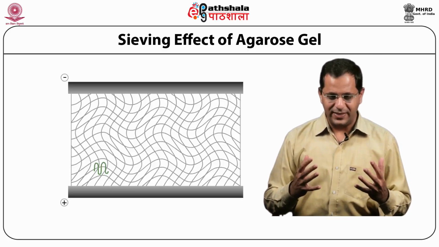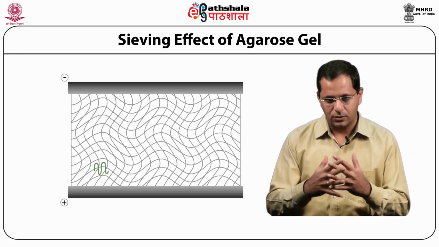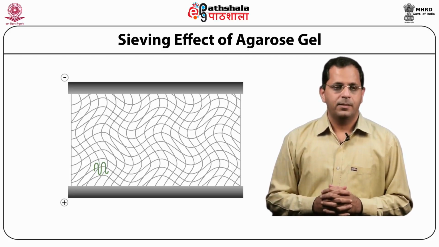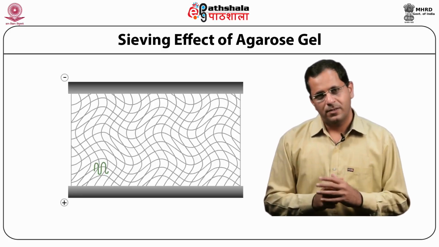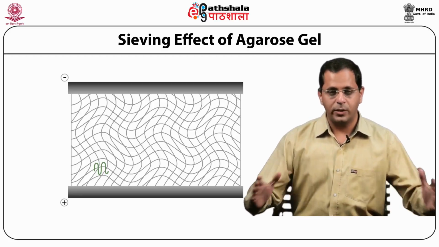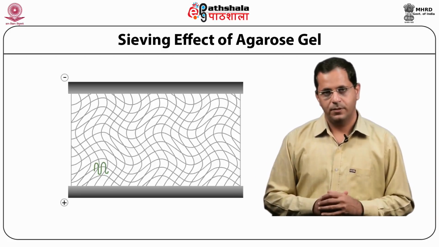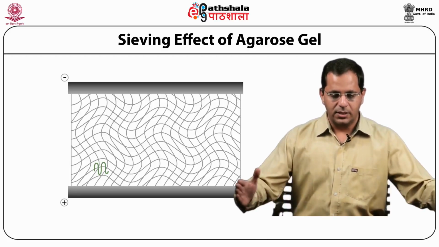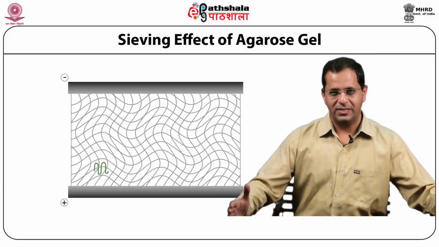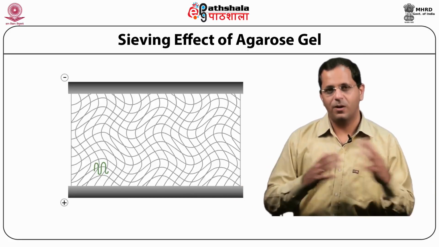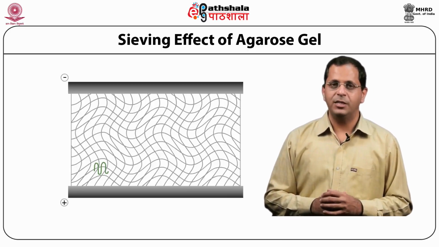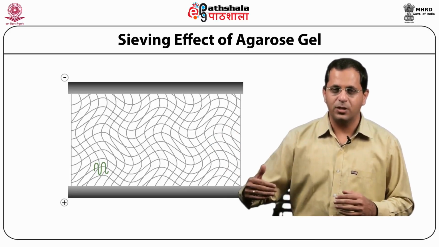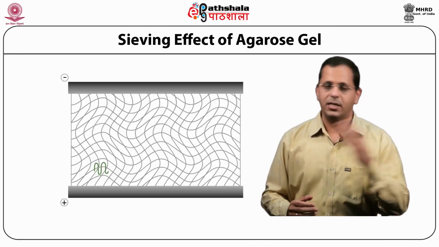To understand the sieving effect of the agarose matrix, a good analogical example would be a crowded, jam-packed road. So, you have this 3-kilometer stretch of jam-packed road with a lot of vehicles, bumper to bumper, and you have new vehicles getting onto the road to cross it from one end to the other.